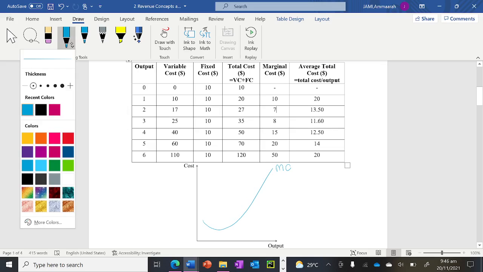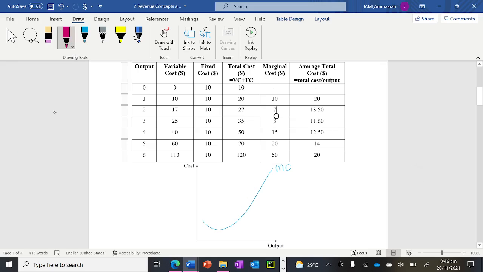Then let me use a different color. Then I'm gonna plot your average total cost graph. As you can see, it starts decreasing and it increases again.